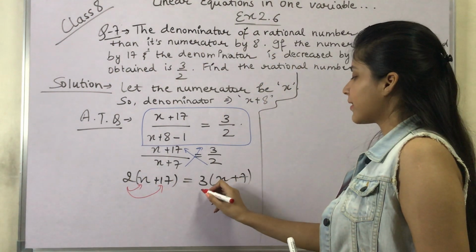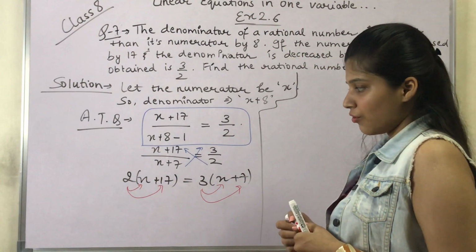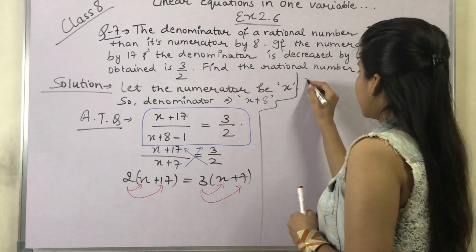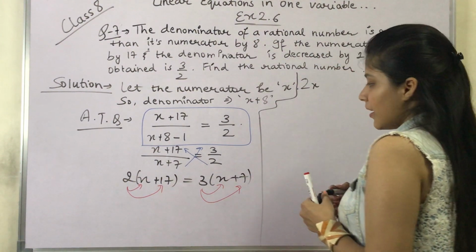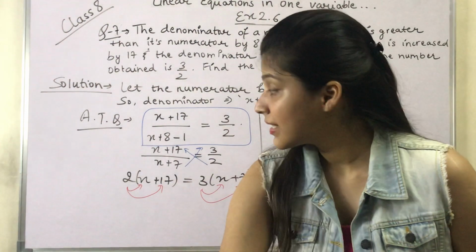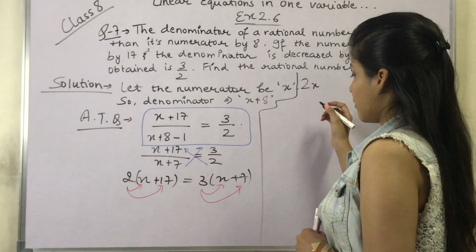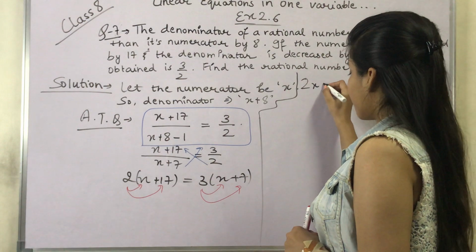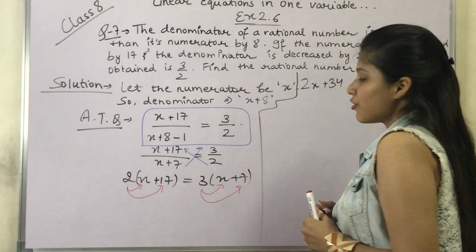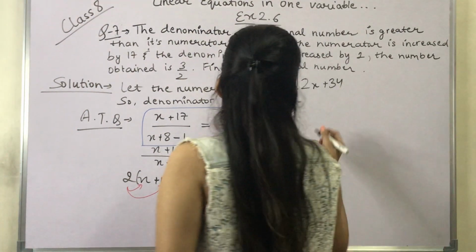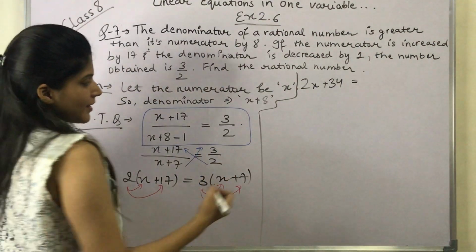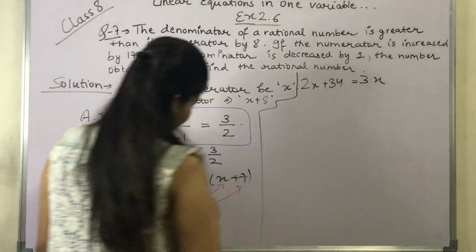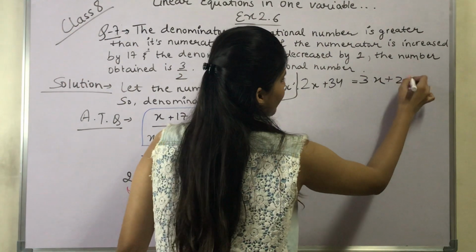Similarly 3 into x, then 3 into 7. So 2 into x is 2x, okay, and 2 into 17 is 34. Similarly 3 into x is 3x, 3 into 7 is 21.